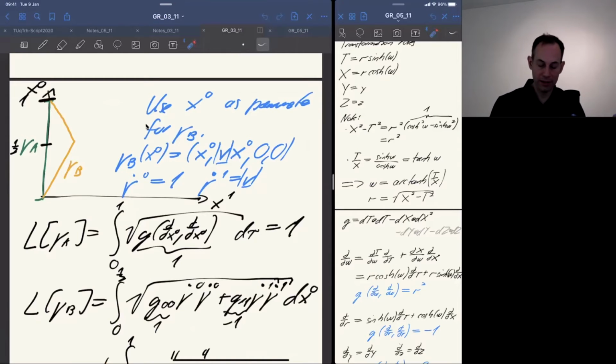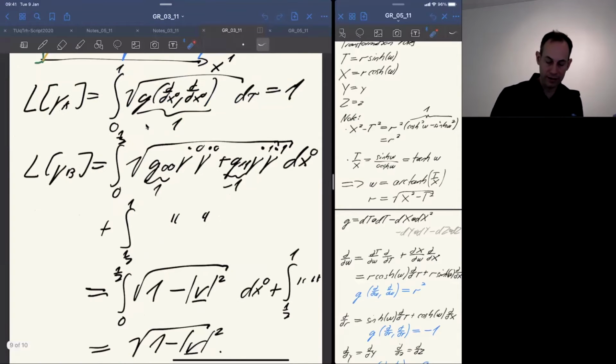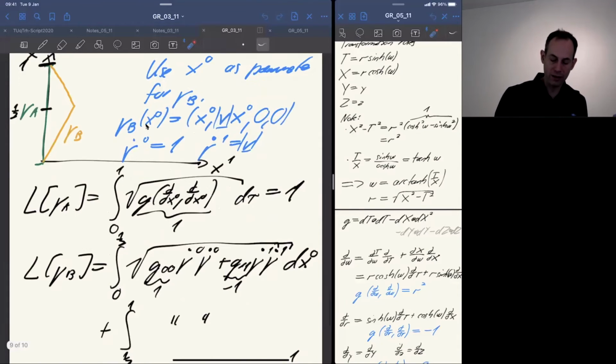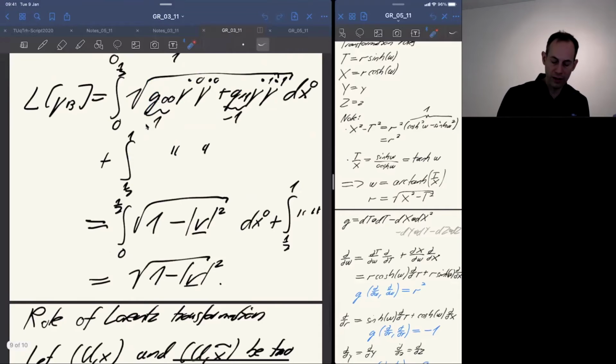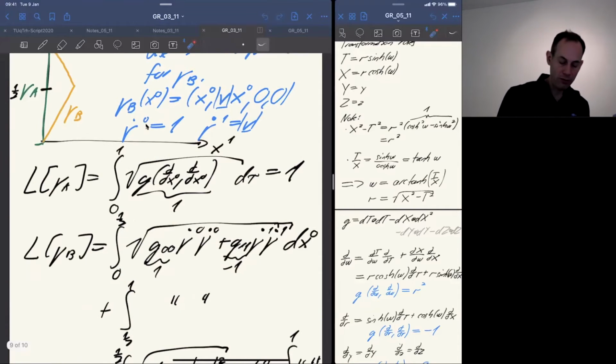Remember, we did a calculation where we inserted everything. We know the metric, which is the Minkowski metric, and we have a description of the actual curve, with these direction components. As a result, we got that while the green curve has length 1, the orange curve has a length that is a bit shorter, depending on how fast one moves away.